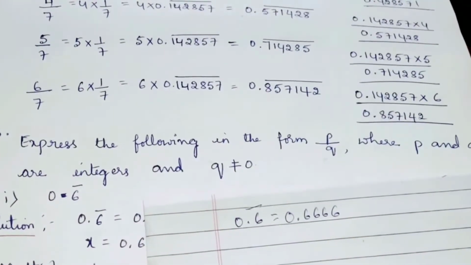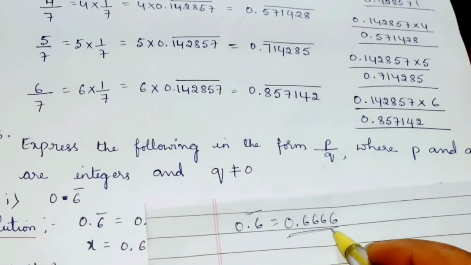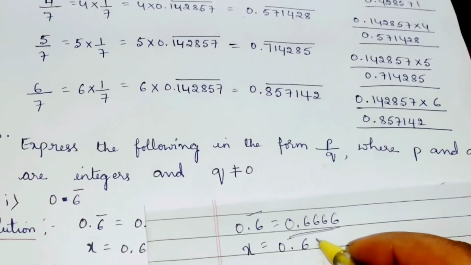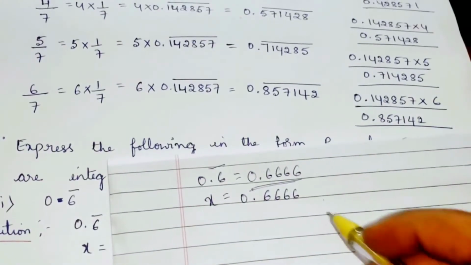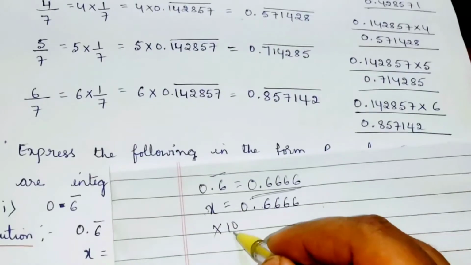This is the meaning. Now what I'll do, I'll take this value as x. That is x is equal to 0.6666.